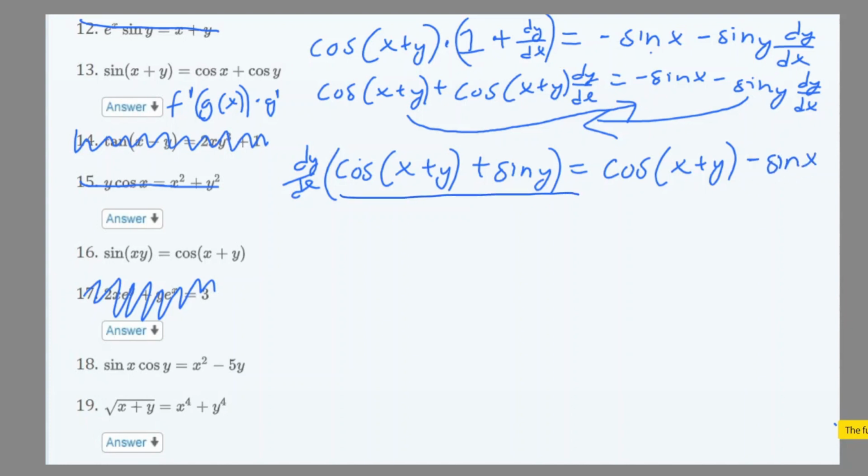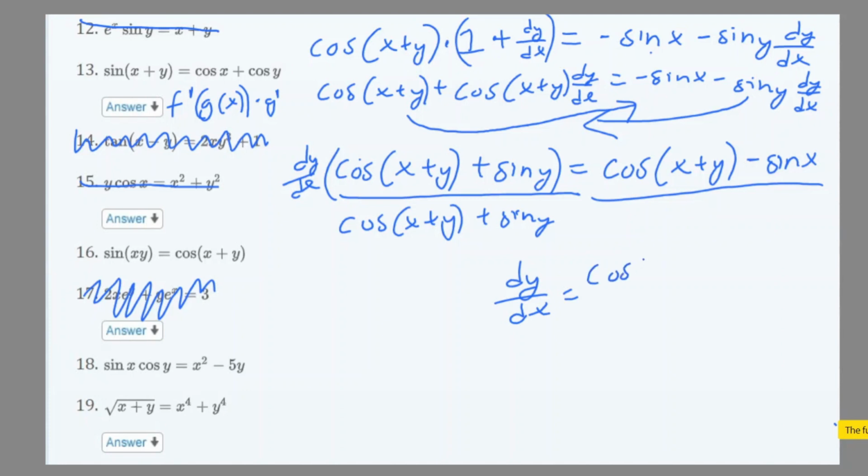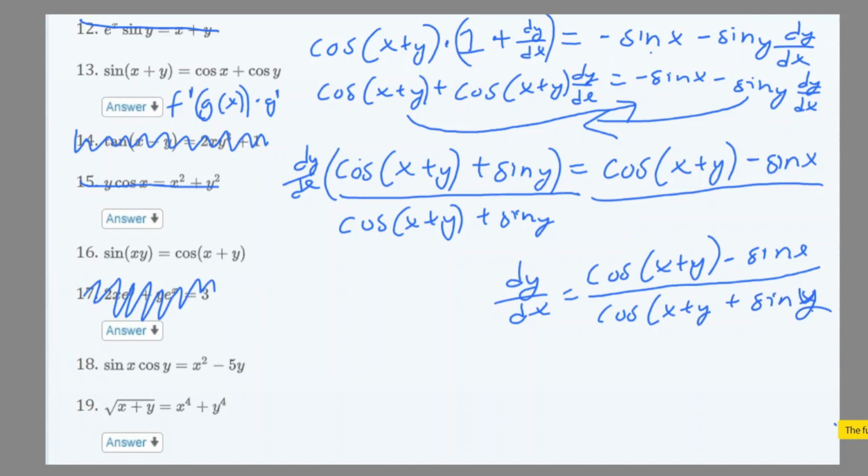And now we just divide cosine x plus y plus sine y on both sides. And our final answer will be dy dx is equal to cosine x plus y minus sine x over cosine x plus y plus sine y. And that would be our final dy dx answer.